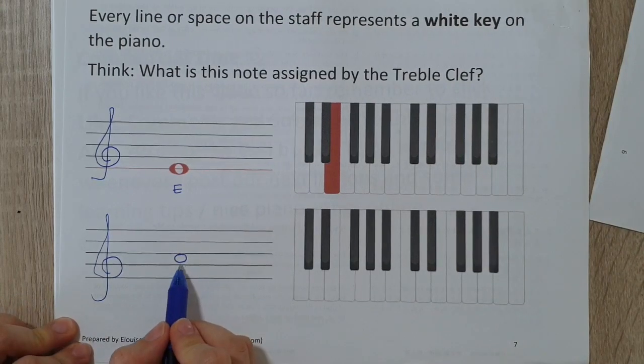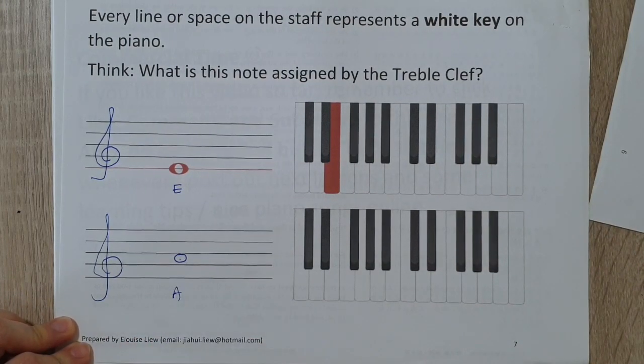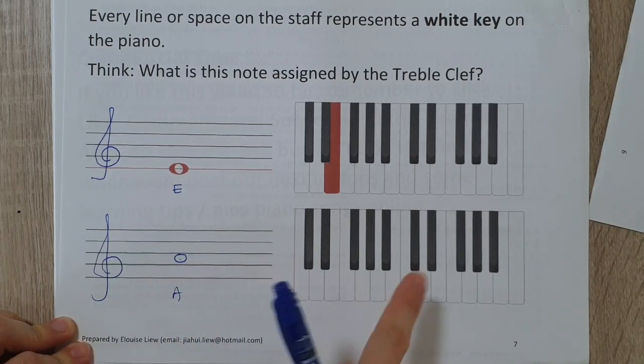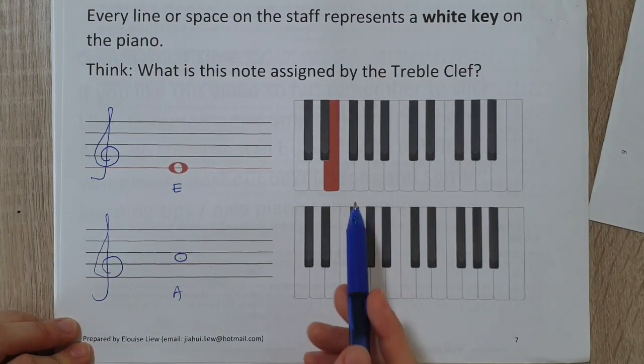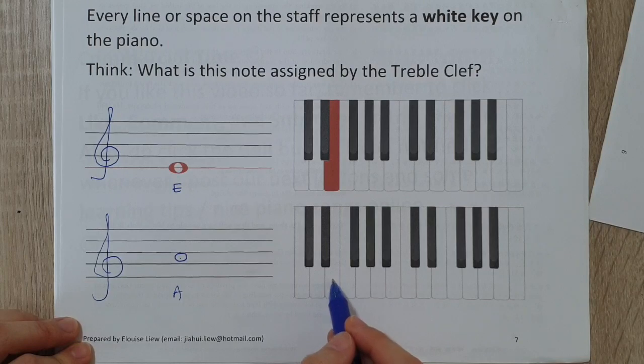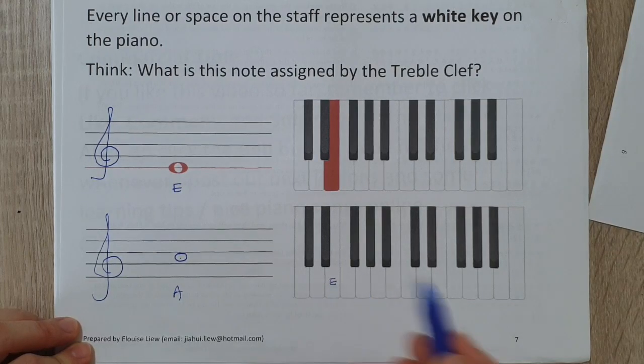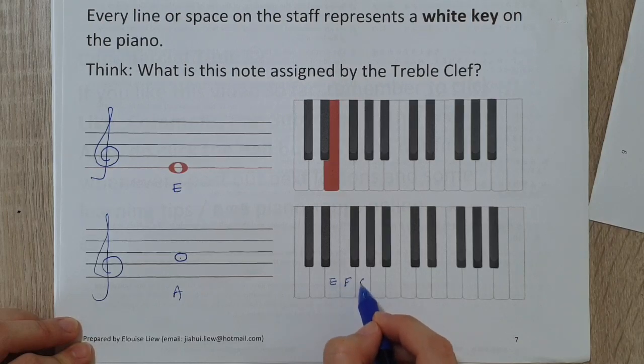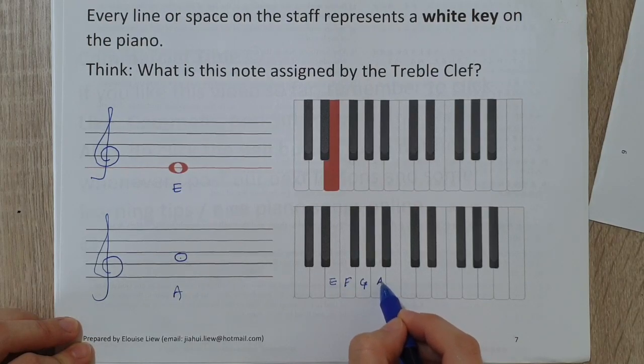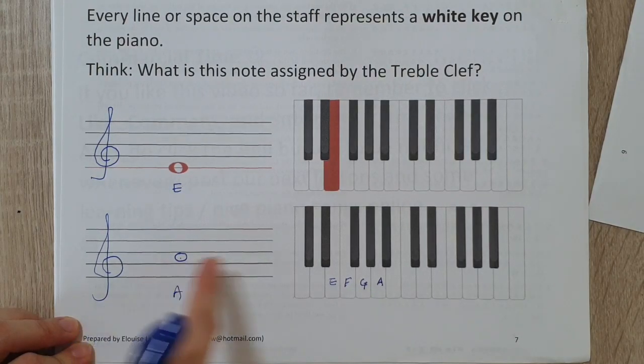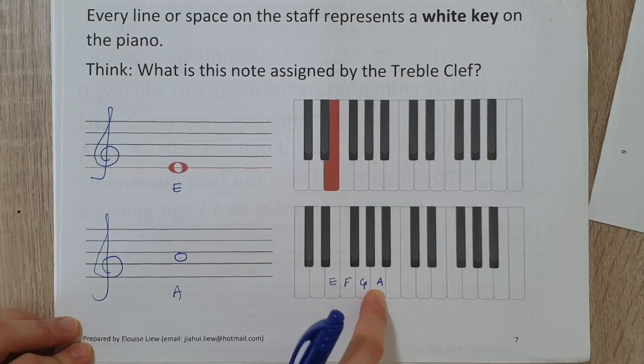So with the point of reference of G, you count up, that will be your A. So where is A on your piano? Knowing that this is E, we can count upward to the right, E, F, G, A. So here is the A. When you see this note, you will press this key on your piano.